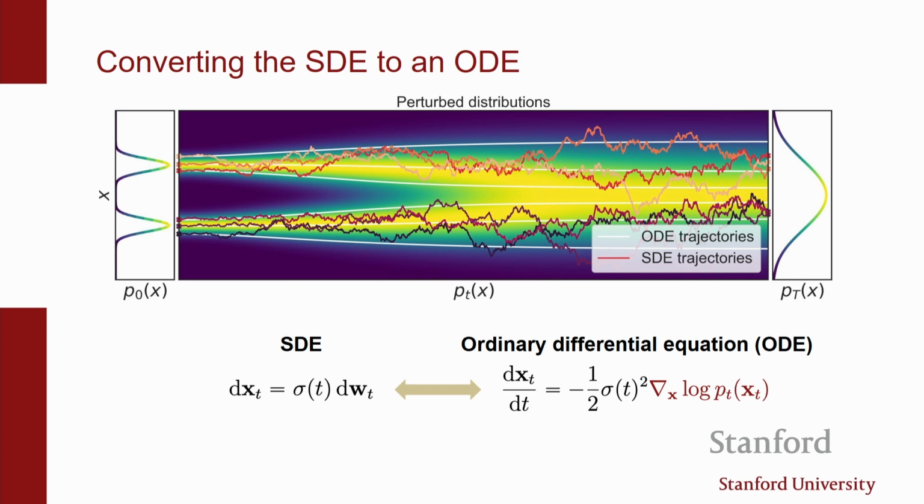So now the evolution is entirely deterministic. There is no noise added at every step. You see how these white trajectories are kind of straight.